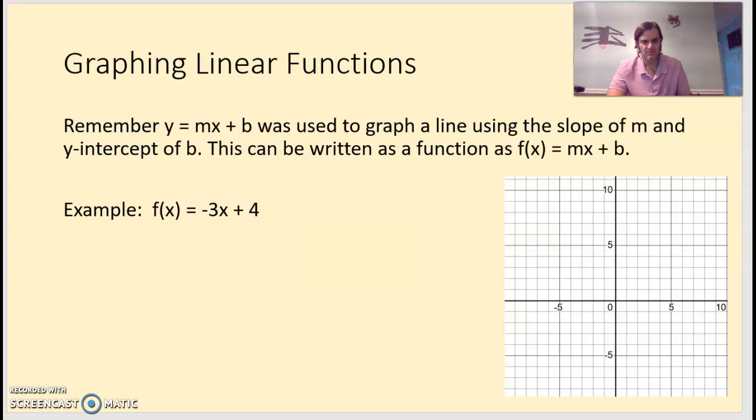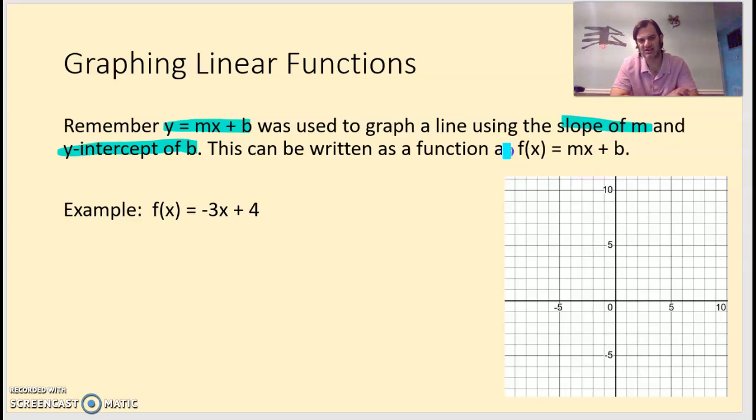Okay. One more thing I want to review before we move into quadratics, and that is the fact that we've graphed lines in the past. Remember y equals mx plus b, where m was the slope and b was the y-intercept. Well, we can turn that y equals mx plus b into f of x equals mx plus b, and now it's considered a function.